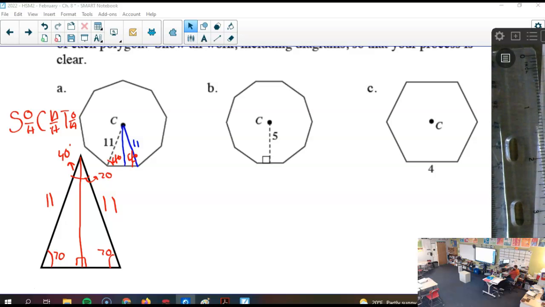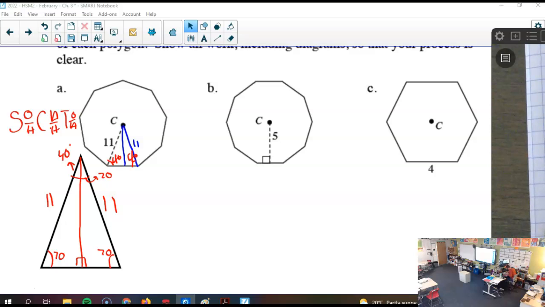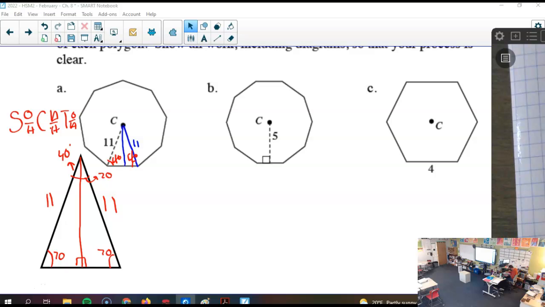What are we given, radius or altitude? Altitude, right? What would the central angle be? I love how I said without me. I'm going to shut up now.